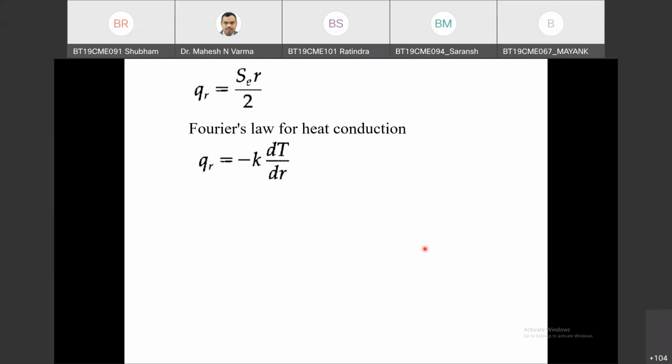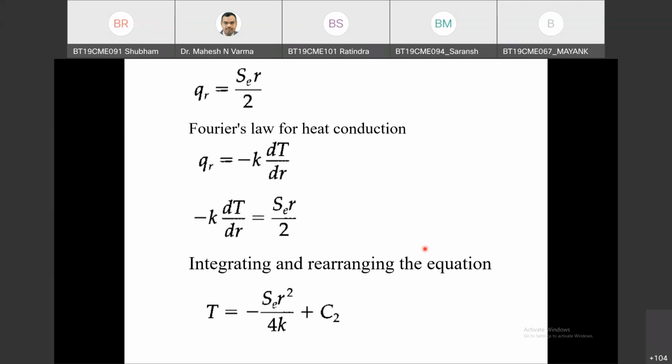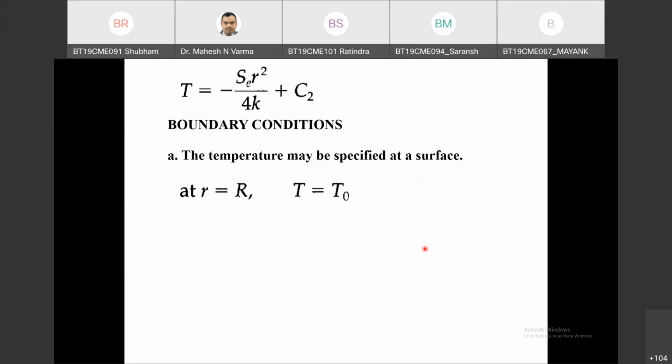Only the thing is, after using Fourier law of heat conduction, this boundary condition is not available. What is the boundary condition available? The modified boundary condition. Now flux is given at the surface. Flux can be correlated with this T0 and T air.